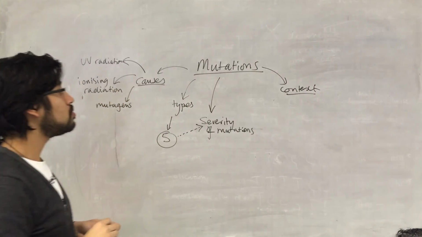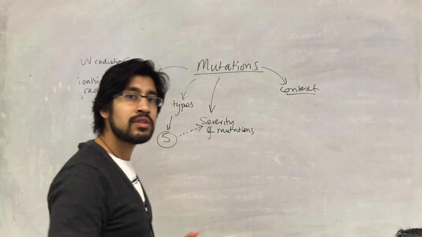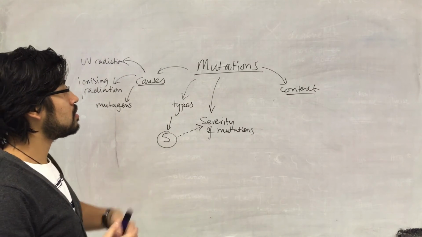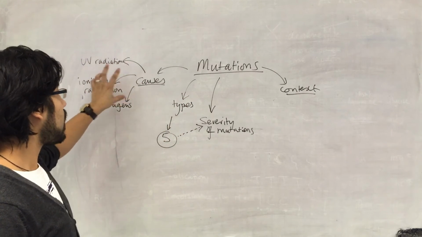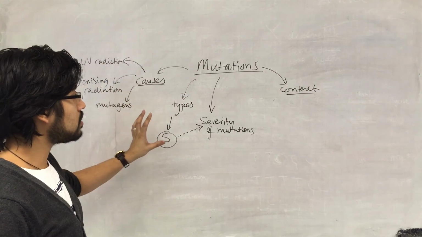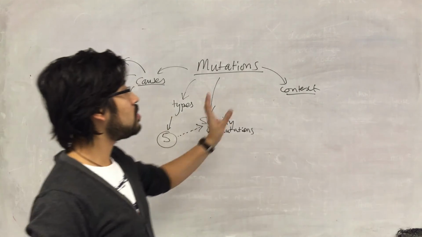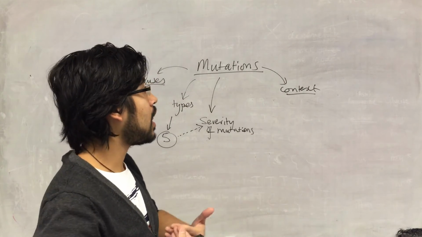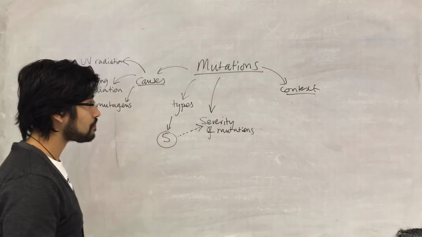Okay? So, in terms of the whole organism, in terms of evolution, what are the consequences of these mutations? So we've looked at essentially how they can come about, what effect they can have on protein structure, but now we're going to look at what that means for essentially organisms, populations, and the change of those organisms over time.